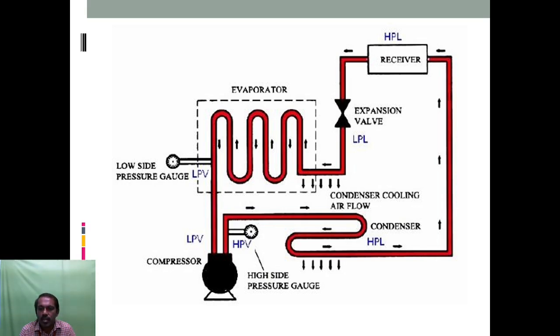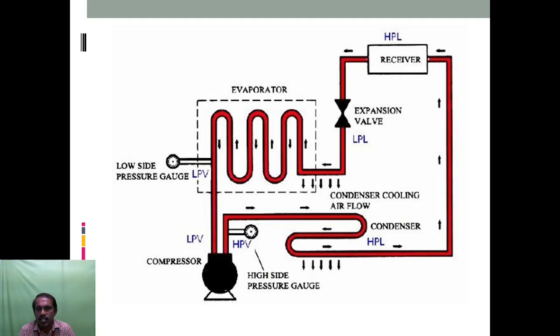So the condenser gives low temperature, high pressure, liquid state refrigerant. Next this goes to the expansion. Expansion means to reduce the pressure. So the refrigerant is released from the expansion as low pressure, low temperature liquid.